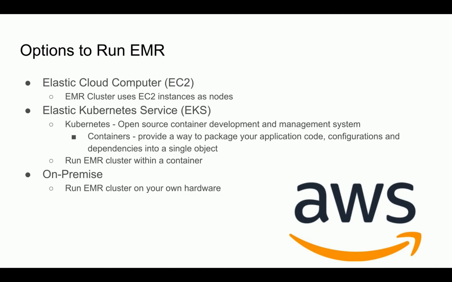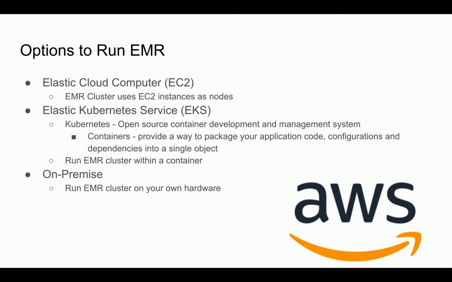With AWS, you have several options to run EMR. You can run EMR on Elastic Cloud Compute instances, where your EMR cluster will use EC2 instances as nodes. You can also run EMR using EKS, which stands for the Elastic Kubernetes Service. If you're unfamiliar with Kubernetes, it's an open source container development and management system.